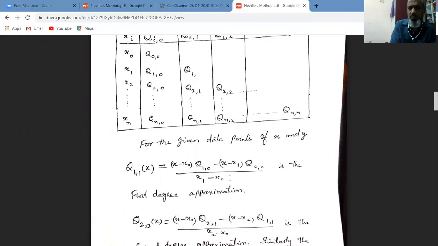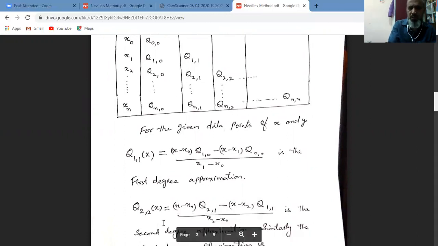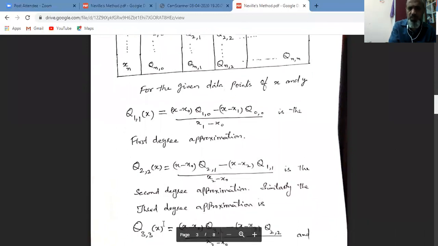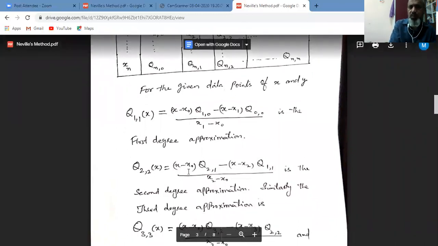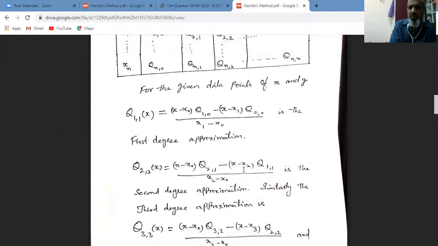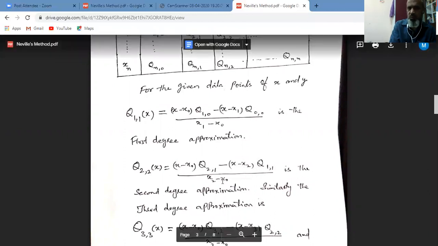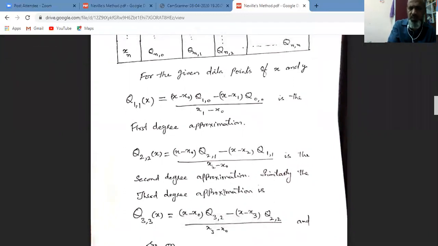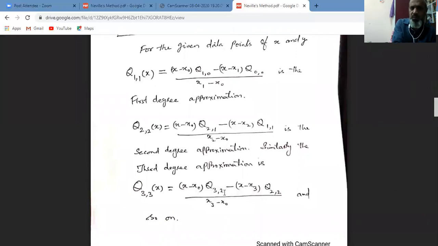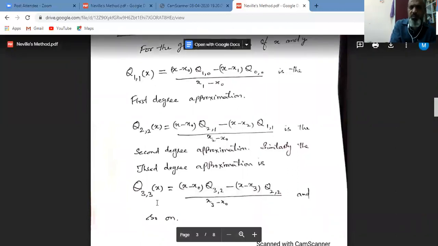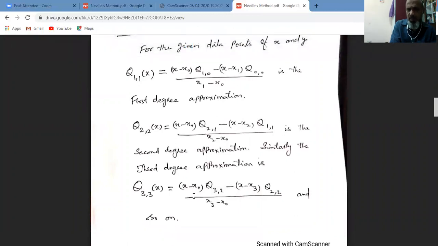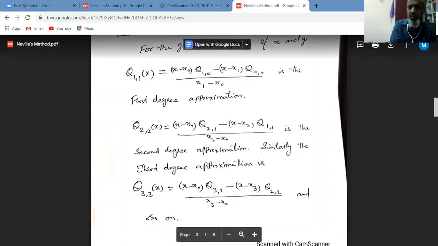Similarly, to find the second degree approximation, we substitute i equal to 2, j equal to 2 to get q2,2(x). So we get this polynomial: (x minus x naught) into q2,1 minus (x minus x2) into q1,1, divided by x2 minus x naught. So this is called the second degree approximation. Similarly, we can determine the third degree approximation as q3,3(x) equal to (x minus x naught) into q3,2 minus (x minus x3) into q2,2, divided by x3 minus x naught.